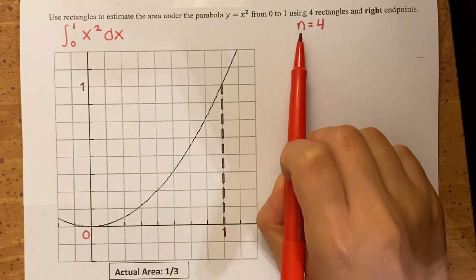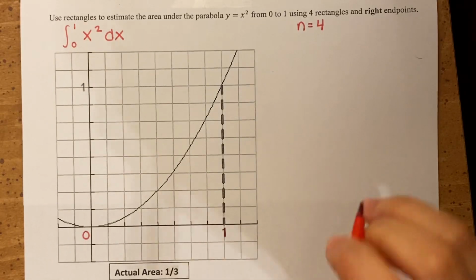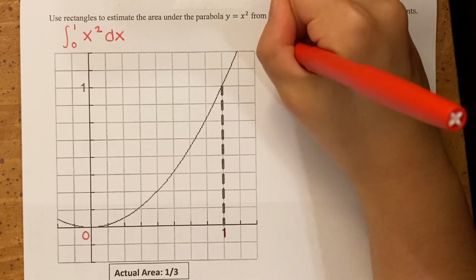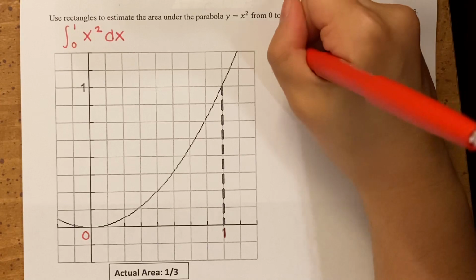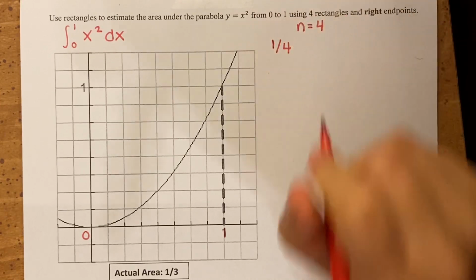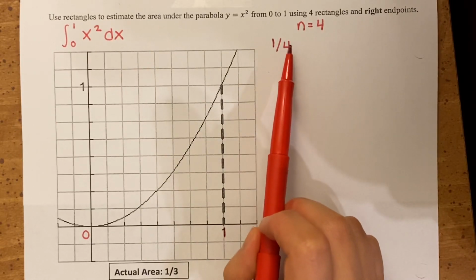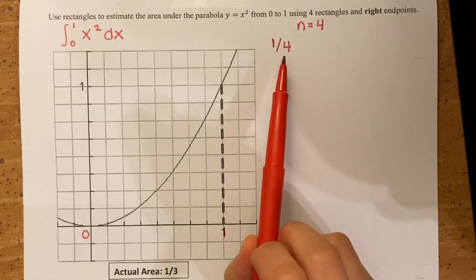When I'm given my n and my interval 0 to 1, I can figure out the spacing on my x-axis. To do that, I have 1, which is my interval, divided by 4, which is how many rectangles I have. So the spacing on my x-axis is going to be 1/4.